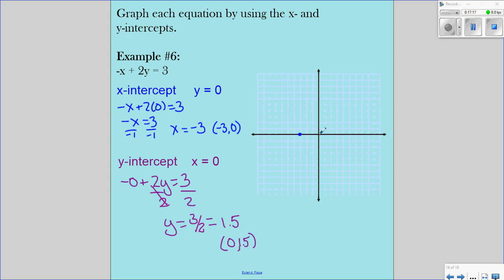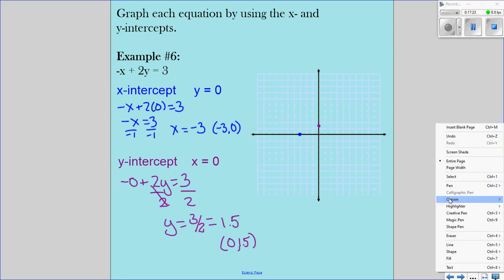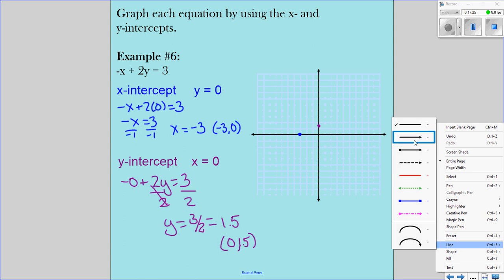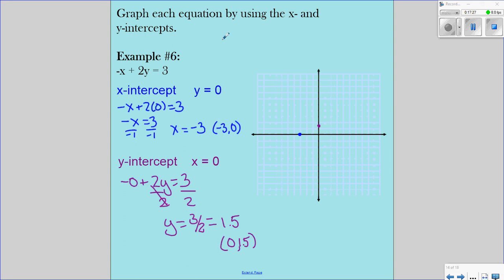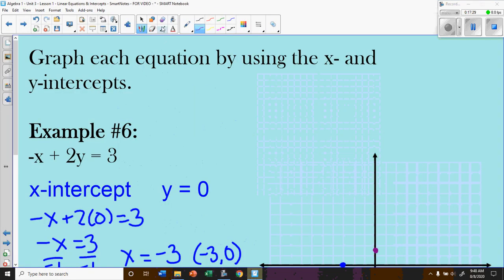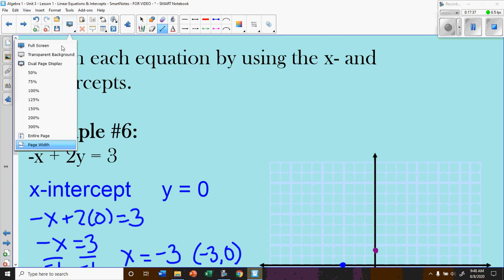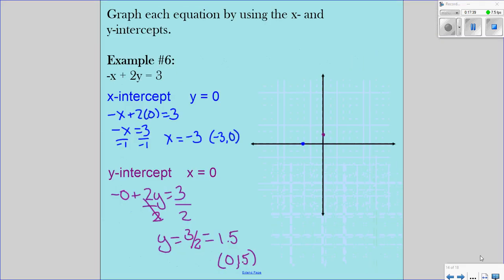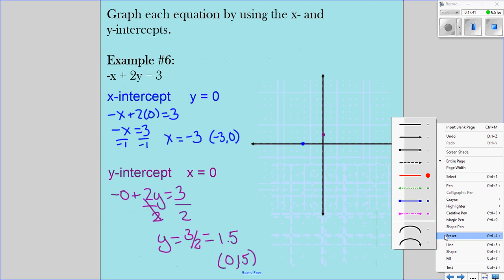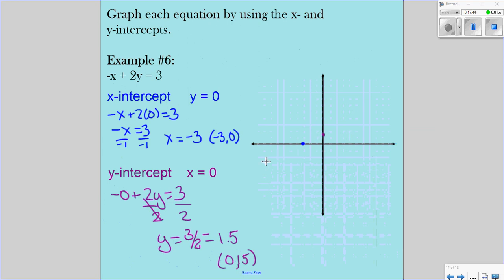So now I'm going to look for this on the graph. So 0 and then 1.5 is right here. Then I'm going to make my line. I'm going to go back and use the line over here. Put the line. Okay. So I got that. Go back, make this bigger, and then hit my line. Make sure I have it connected.